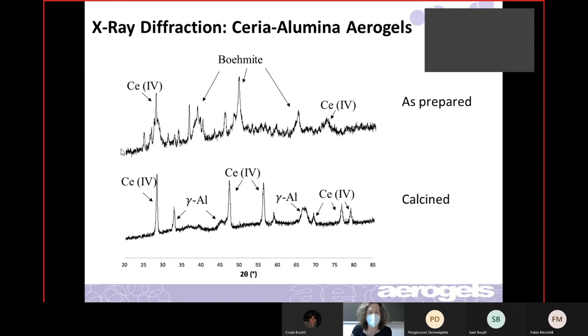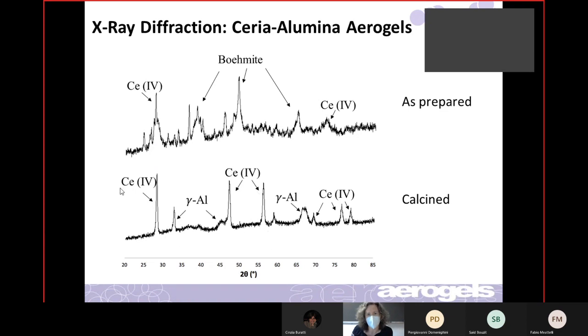But after calcination, we see the signal-to-noise ratio is much improved. That's not because there's less noise, it's because there's more signal, right? So we have made some crystalline species that involve cerium-4. And the cerium-4, it is likely a cerium-4 oxide.